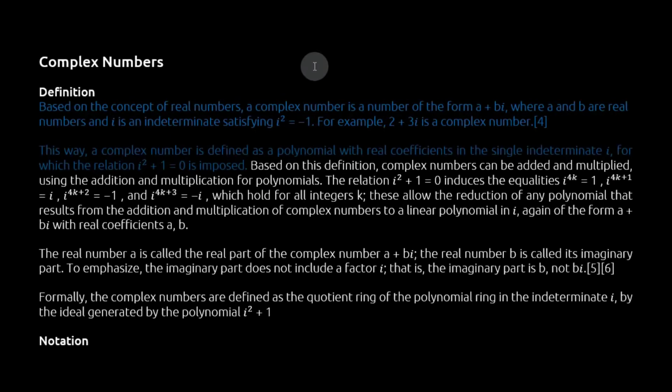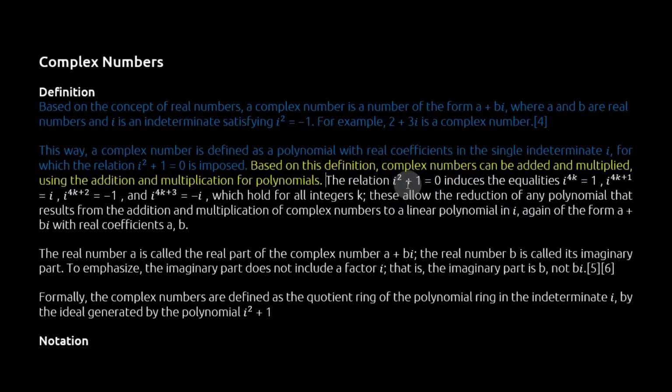Based on this definition, complex numbers can be added, multiplied. This is an action. This is what is possible. This is what you can do with complex numbers. You can add, you can subtract, you can multiply, you can divide. So the author is kind of ahead of himself. So let's put it as an action. Let's give it yellow.